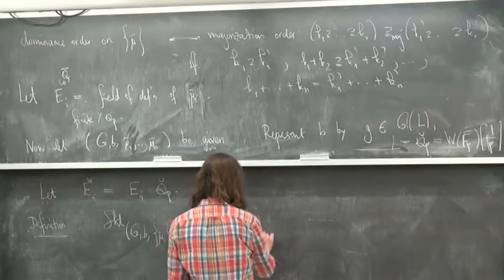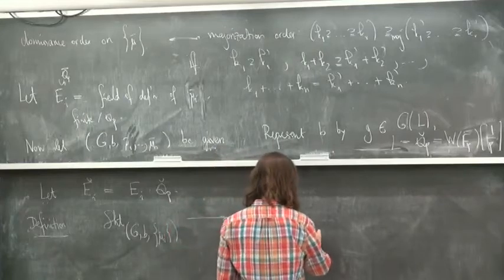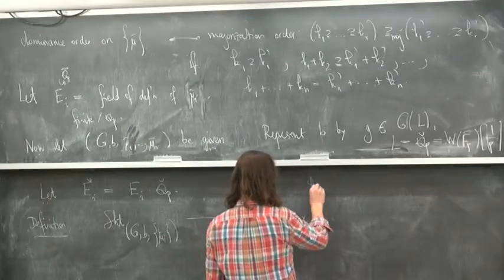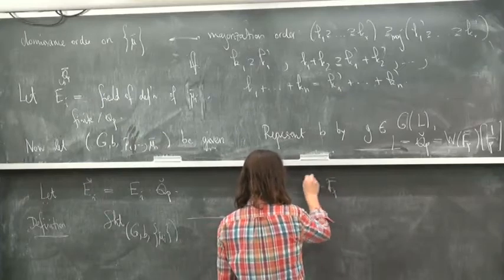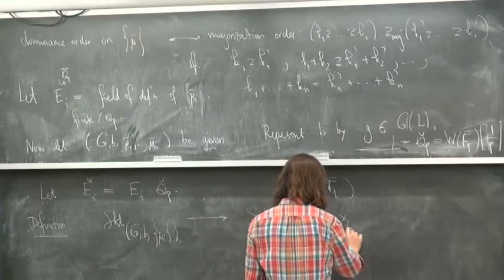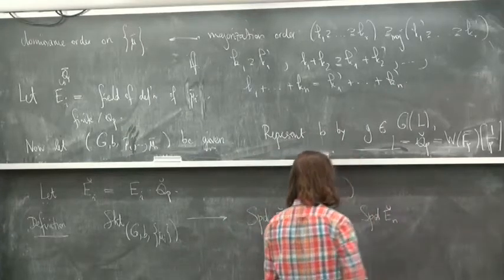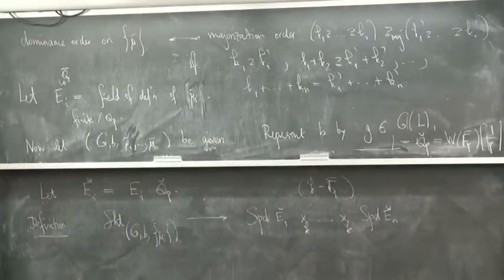And so this is supposed to live over this bar D, E_1 breve, and it takes a fiber product over K of all these bar D's.